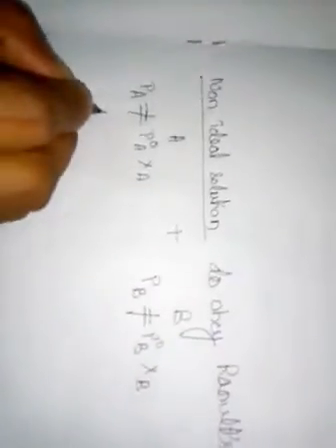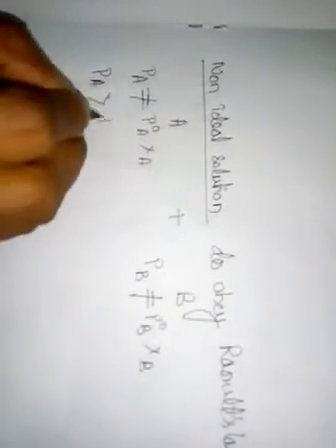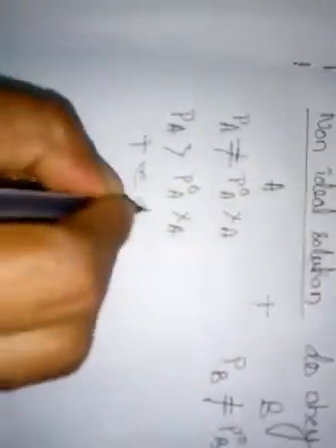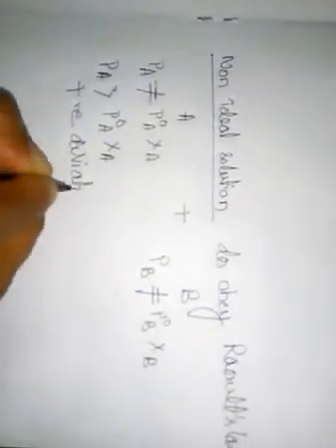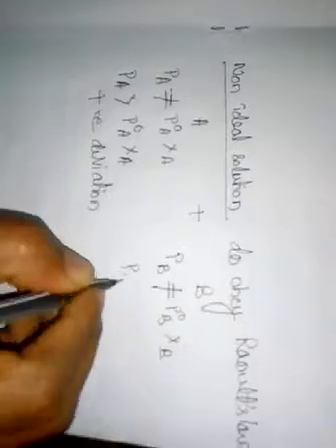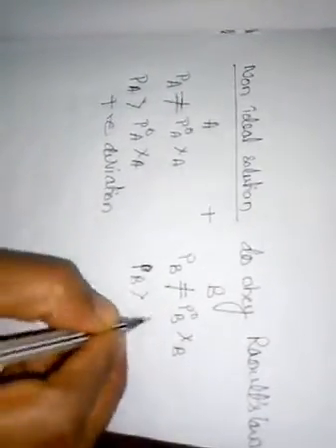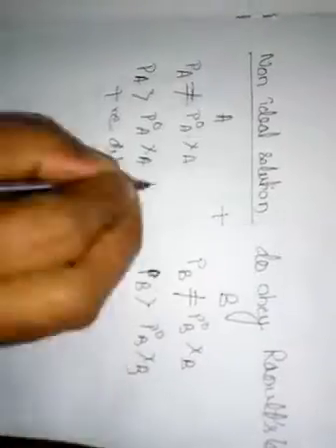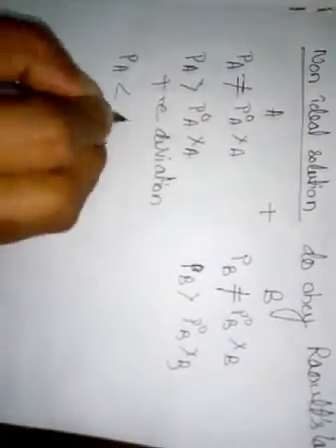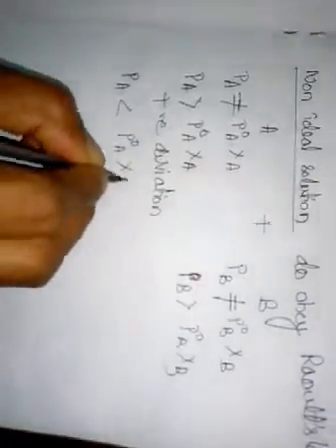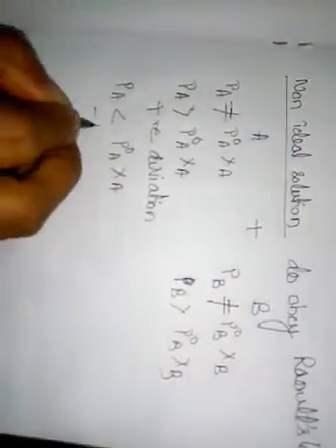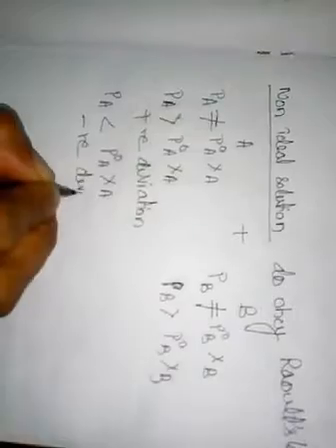So accordingly, if PA is greater than P naught A XA, we go for positive deviation from Raoult's law. The same thing we can take for PB also, PB greater than P naught B into XB, we'll take only one. If we go for PA less than P naught A into XA, then it shows negative deviation.